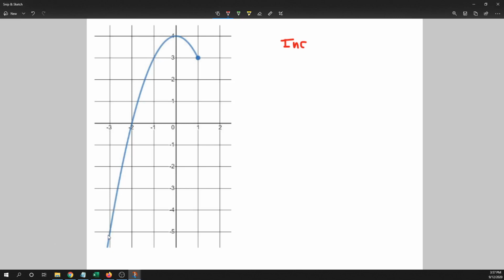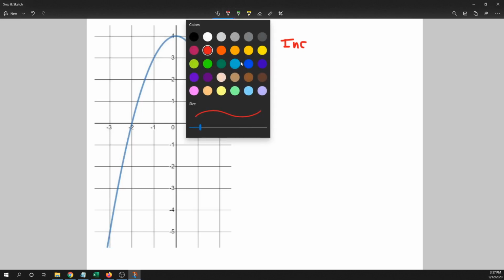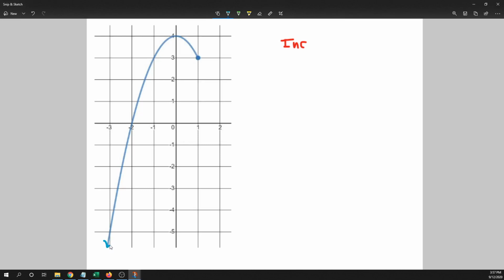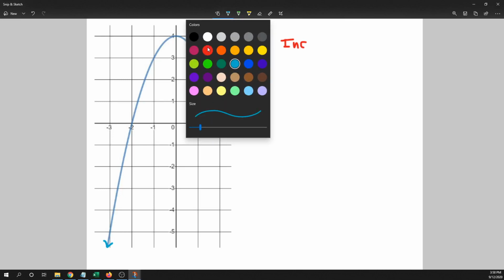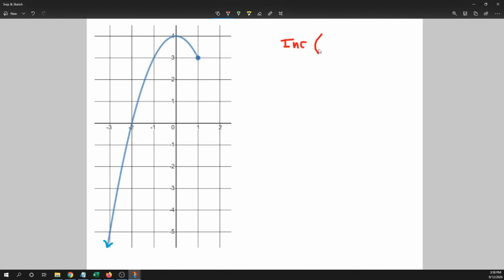We can see that this graph goes off the screen, and really what it should have is a little arrow like this. That little arrow indicates that the graph keeps going down like that forever. So as we start over here, it's going up, so it's increasing. What we would do on the answer for this is to put -infinity, because the graph keeps going off the screen like that.